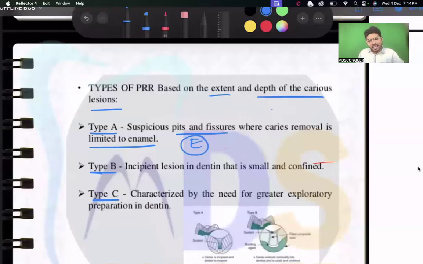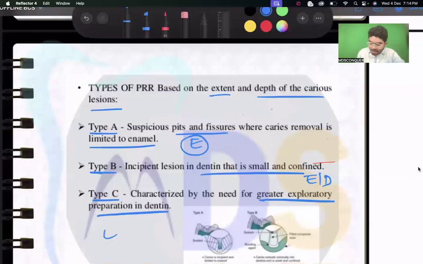That is called type B. Category 3 is greater depth of preparation, where enamel and deep dentin are involved. That is called type C. So A, B, C are again important.